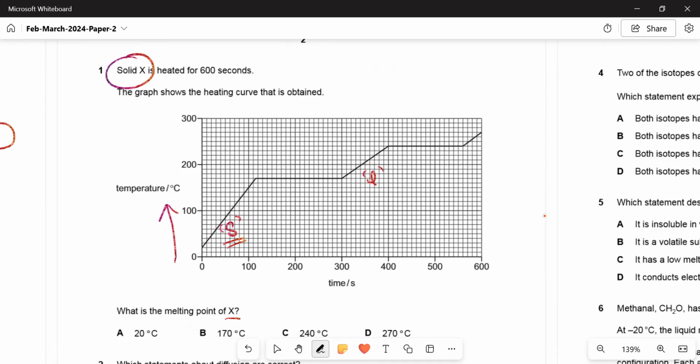It means the solid is changing into liquid during this time when the temperature is constant. So we can just extend it backwards, and then we can see that here's the melting point, which is 150, 160, and I think, yes, it's 170. So B is the answer.